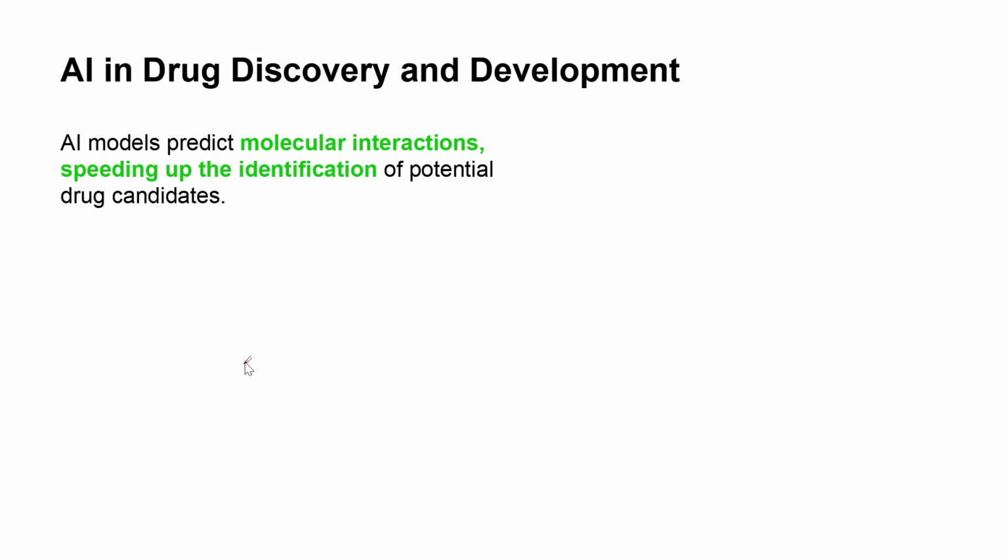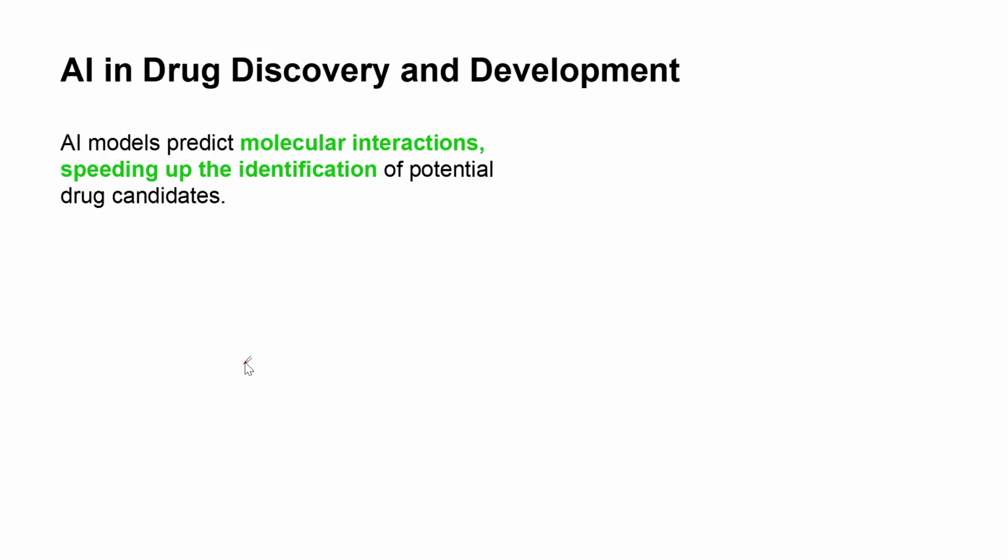So therefore, you should understand that with an AI model, it can predict protein-ligand interaction or receptor interaction. At the same time, it also helps in speeding up the identification of potential drug candidates, because based on the interaction, you'll be able to know whether the interaction is fruitful in such a way that it can serve as a drug candidate.